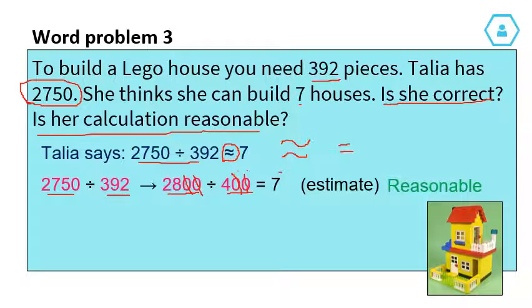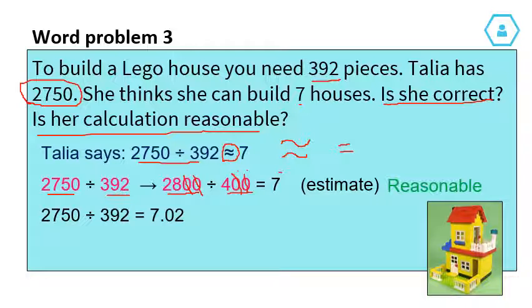So I think Talia's statement is quite reasonable based off my estimate. Is it correct? Well, I can solve that using a calculator. I don't have to do a bus stop method for this. That's not the purpose of this exercise. I put it into the calculator and the answer is 7.02.